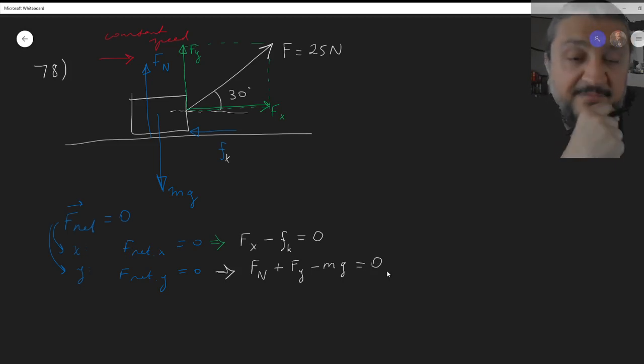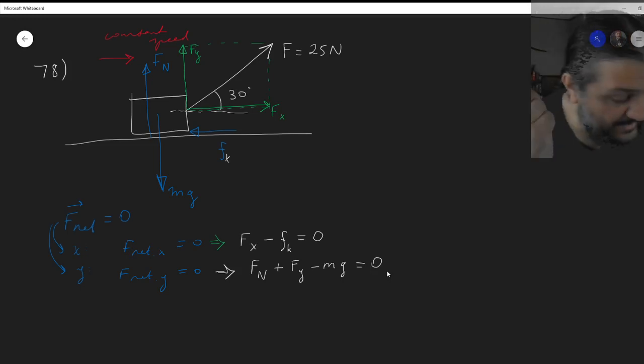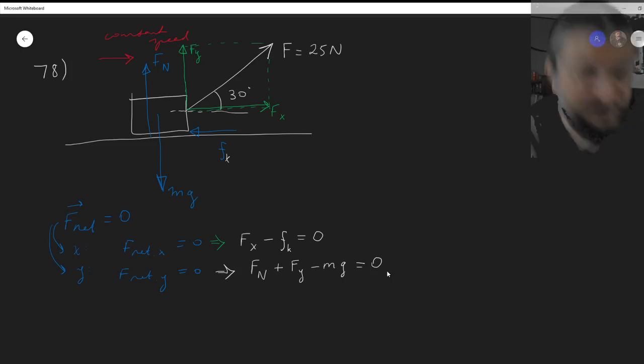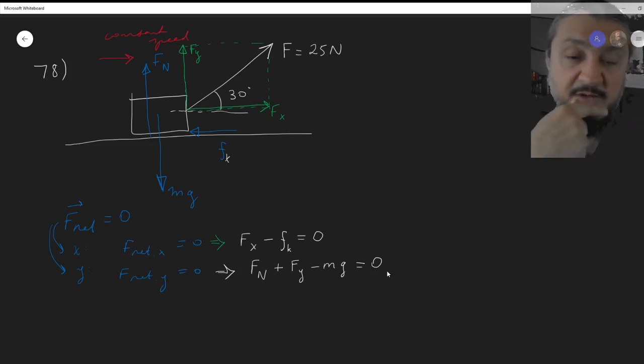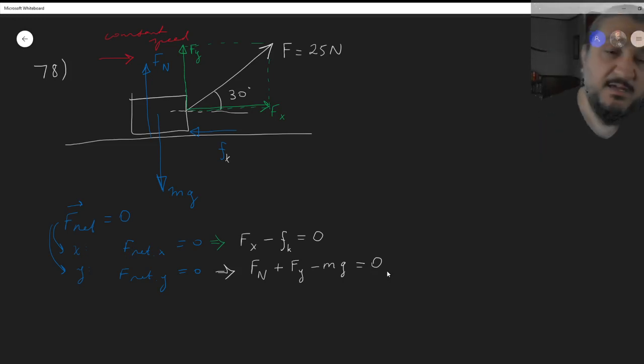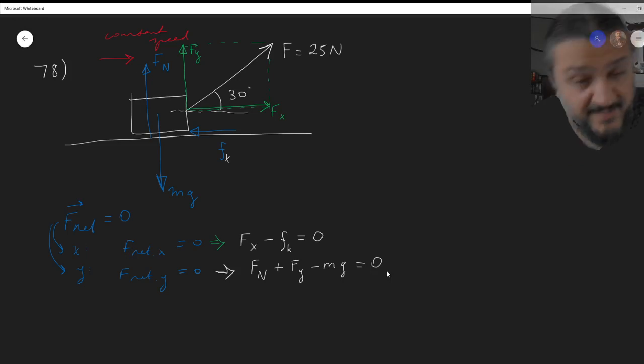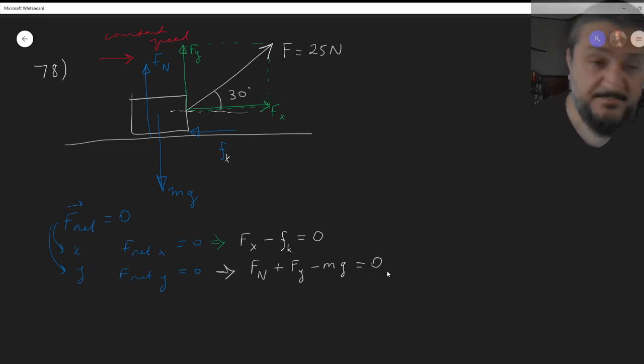Alright, I can find Fx and Fy. It's just a matter of cosine and sine, so no problem there. I know those two. M, do I know M? I don't know M. Do I know Fk? I know how to write Fk in terms of M. Okay?